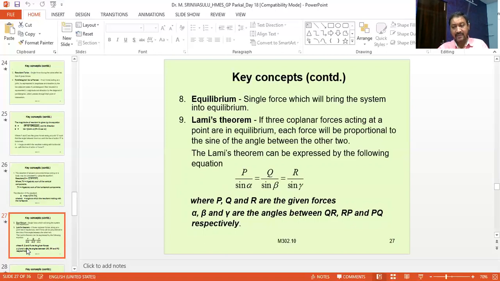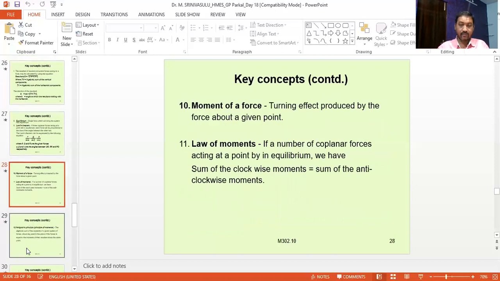We can also simply state that when three forces acting on a body are in equilibrium, then each force is proportional to the sine of the angle between the other two forces, and we get this equation accordingly.